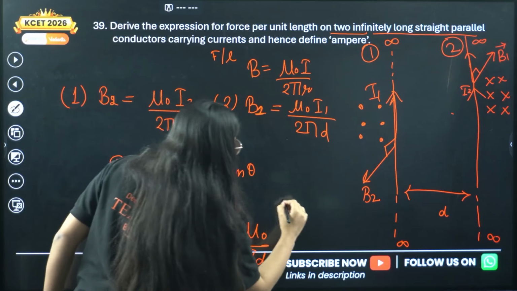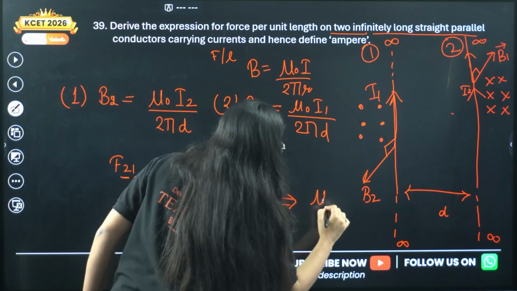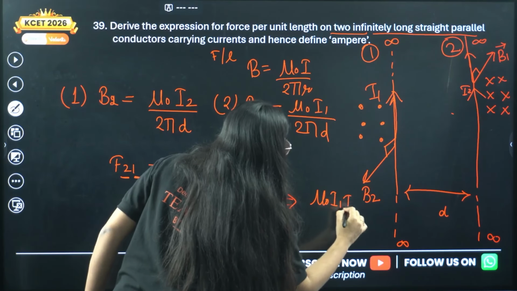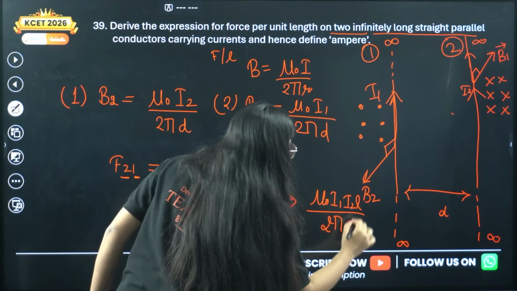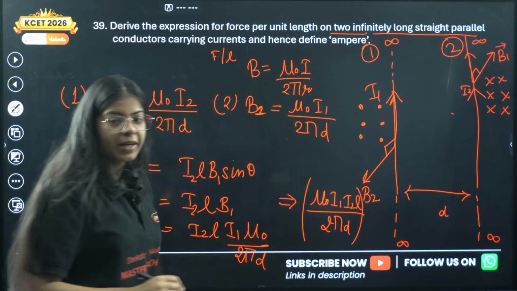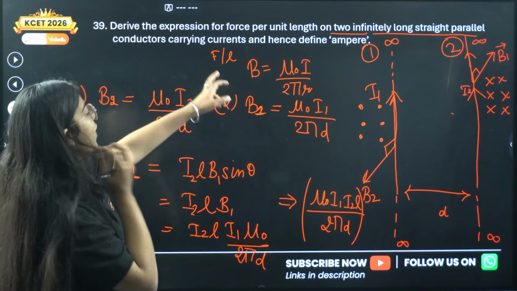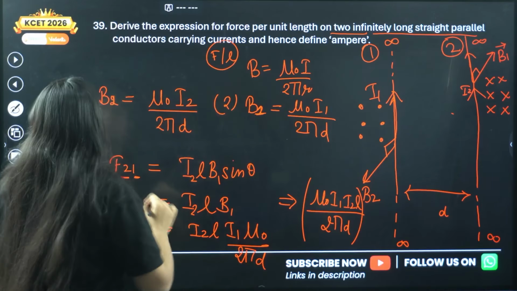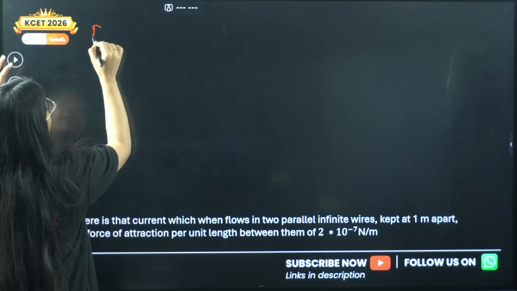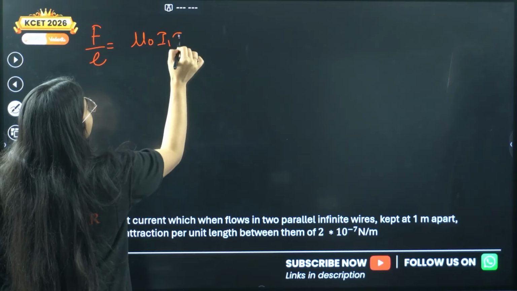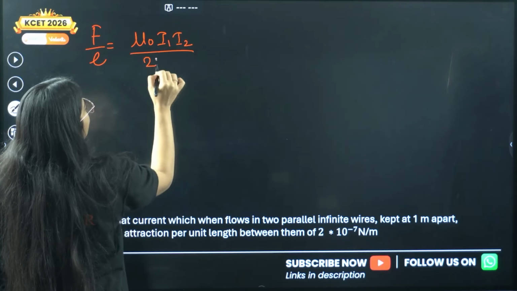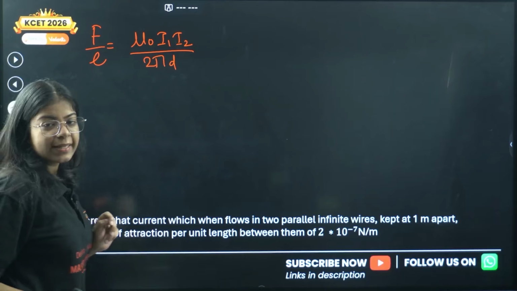So this will come out to be mu naught I1 I2 L divided by 2 pi D, correct? Now we need to find F by L. So F by L equals mu naught I1 I2 divided by 2 pi D, correct?